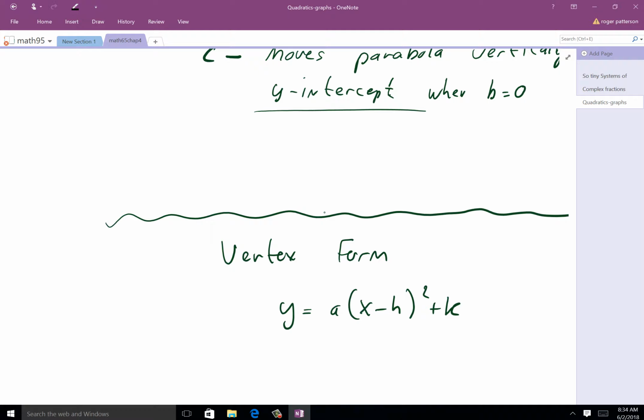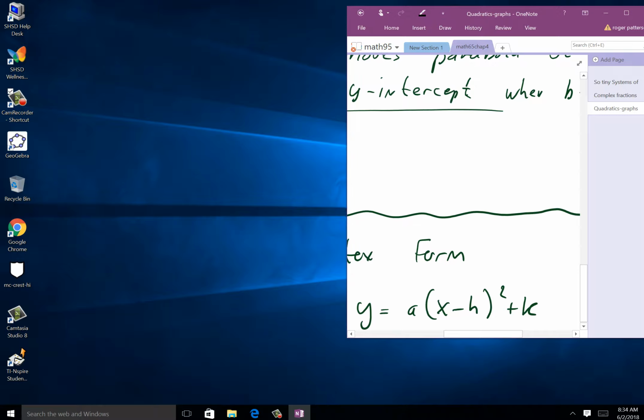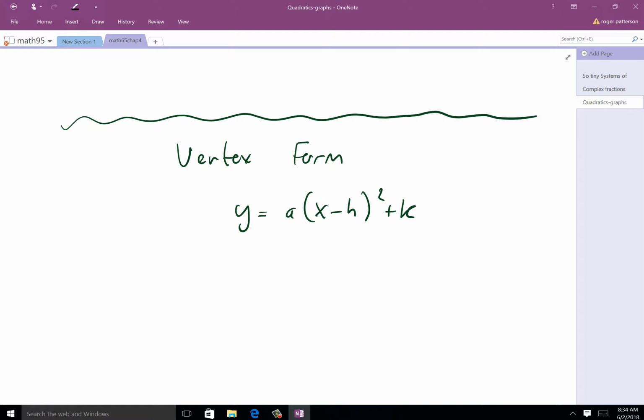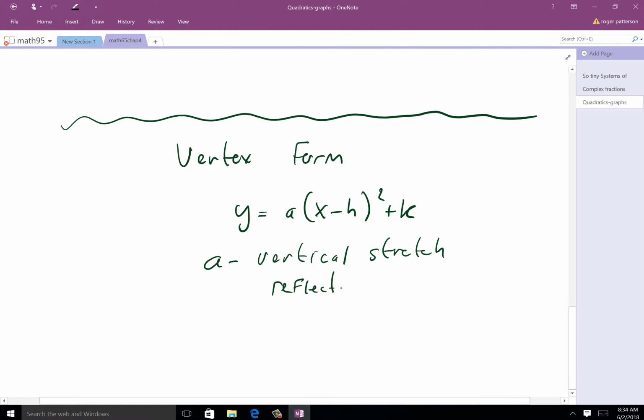So here's this. A does the same thing, just this vertical stretch and the flip, which we call a reflection. No change from what we had before.